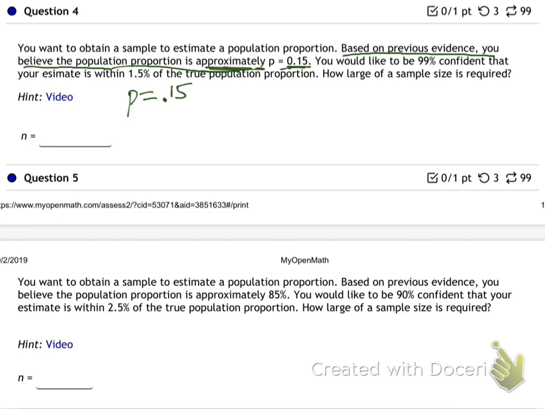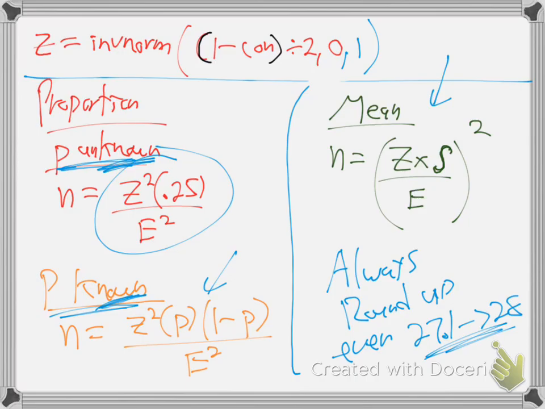They think it's going to be about 15%. So remember back at our table, it's going to be this category now, isn't it? Because now the P is known, it's estimated at least. So we use this formula, which is almost the same, but instead of the 0.25, we have P and 1 minus P in parentheses.